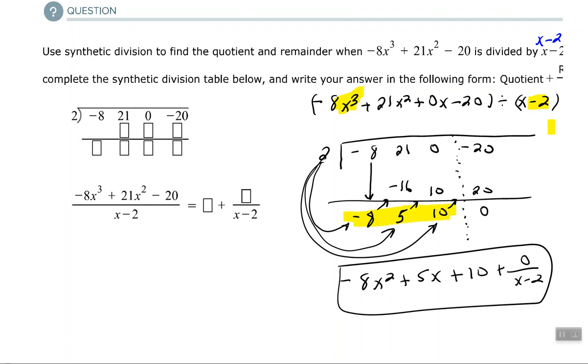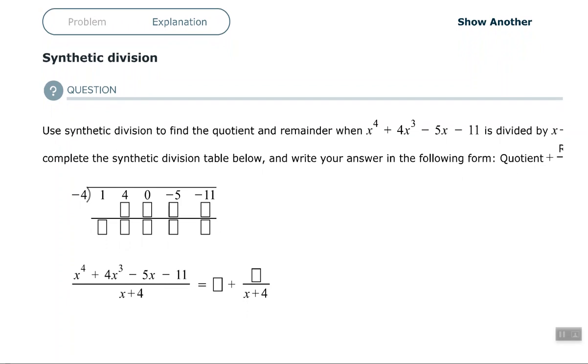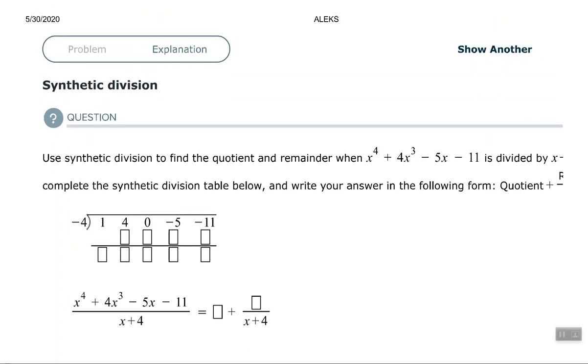Alrighty, let's look at one more example. All right, so here we are dividing by x plus 4. So we have x to the fourth plus 4x to the third minus 5x minus 11 divided by x plus 4. Again, we have a missing term there because we go 4, 3, but we don't have the x squared.